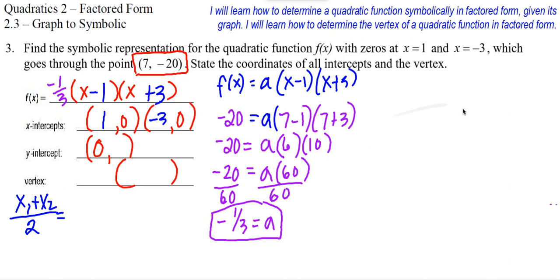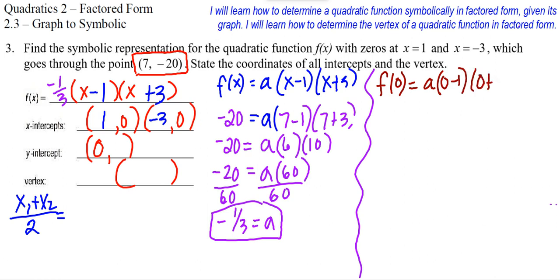Let us solve for our y-intercept. How do we solve for the y-intercept? Do you remember? All we have to do is plug in 0 for x. So we have 0 minus 1, and 0 plus 3, with the negative 1/3.